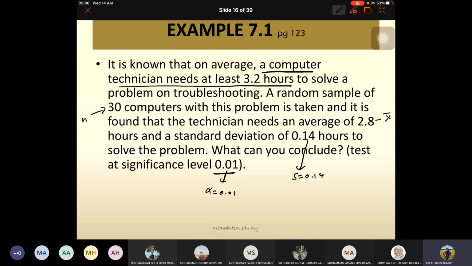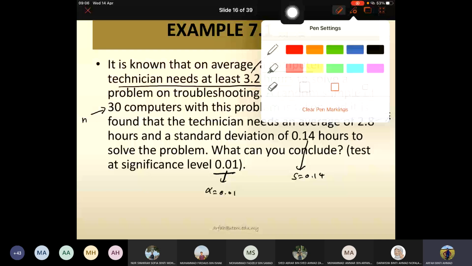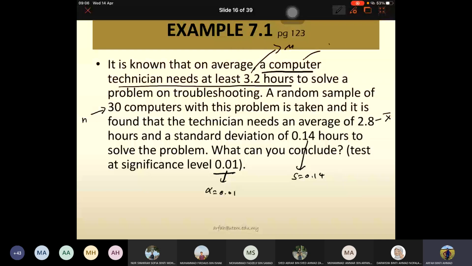Okay. So yang ini yang saya gariskan, ini adalah statement that we want to test. So meaning that itu adalah H0 dan juga H1 awak.